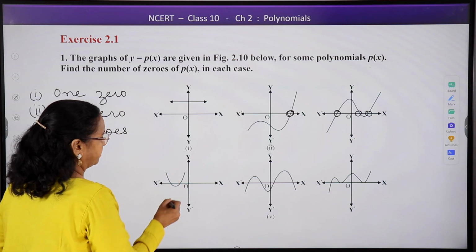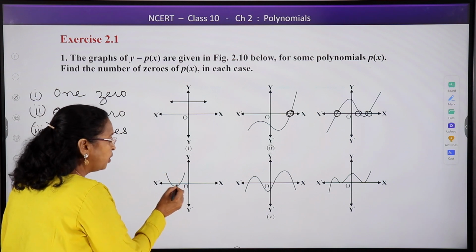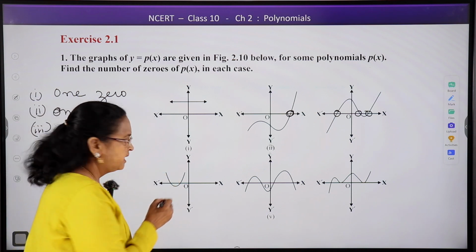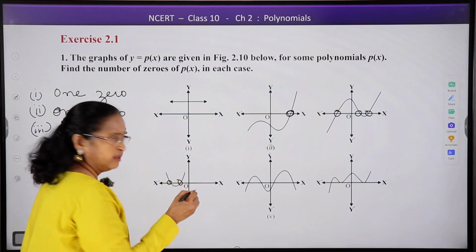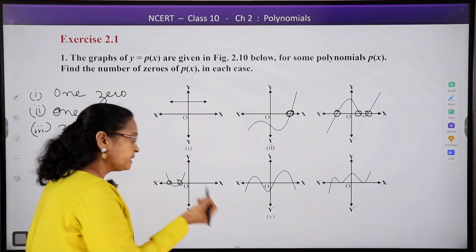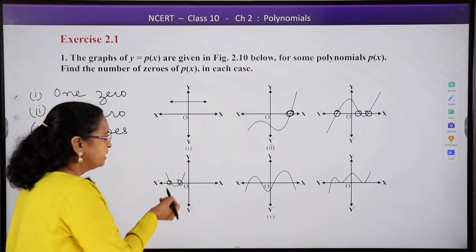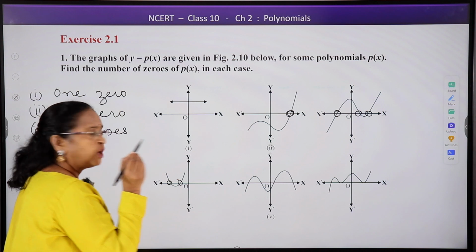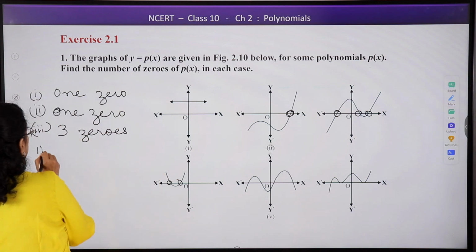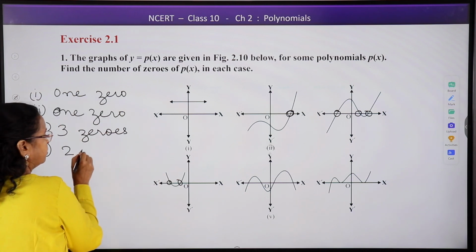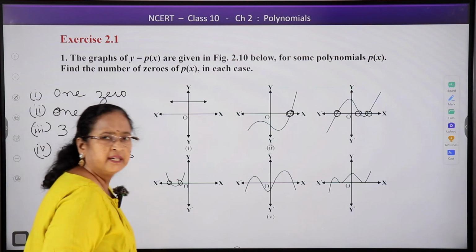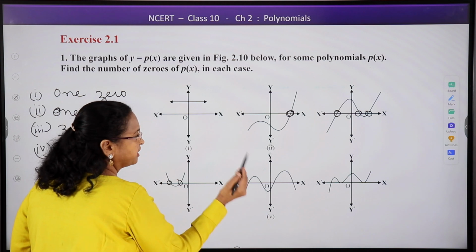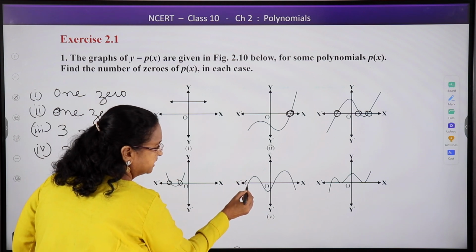Now fourth part of the question, though in the negative x-axis, it cuts at 2 points. So what? It is negative, but it is counting the x-axis, isn't it? So 2 points. So how many zeros? Correct. 2 zeros. All right? Great.